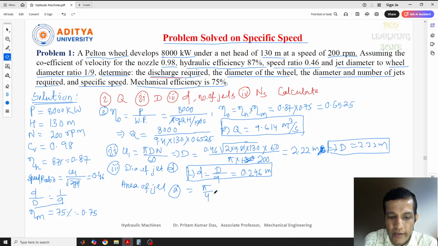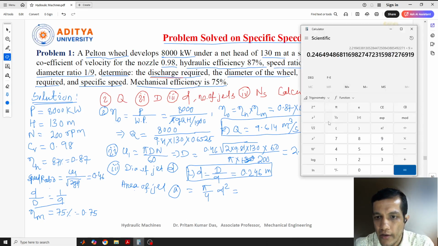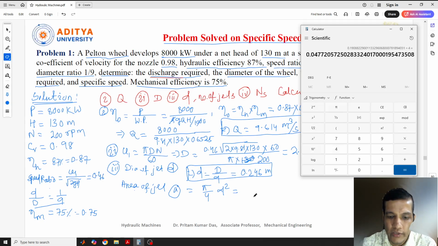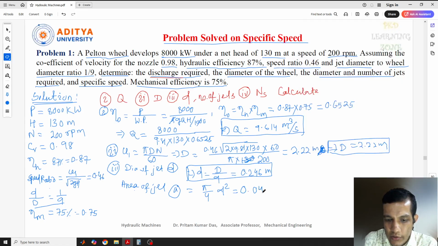So this one we can calculate, square of it, again multiply by pi divided by 4, 0.0477 meter square. This is the area of jet.